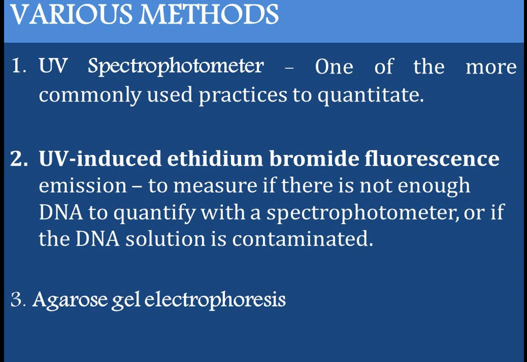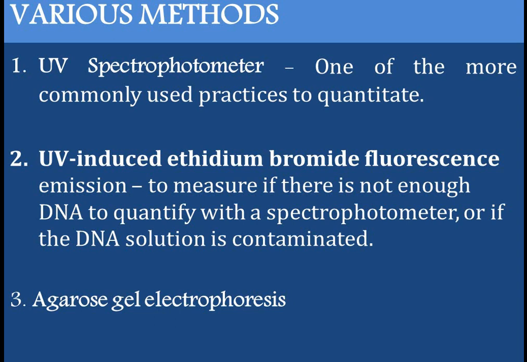And coming to the methods available to quantify the DNA, we know that UV spectrophotometer is one of the more commonly used practices to quantitate the DNA. Apart from this, we have UV induced ethidium bromide fluorescence emission.